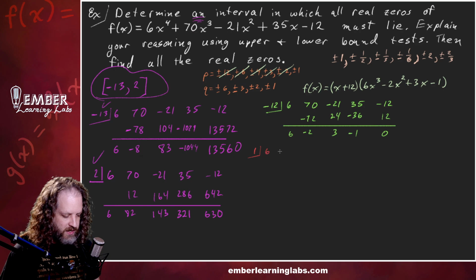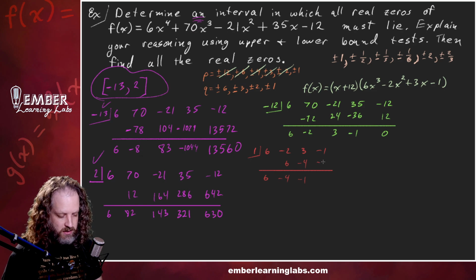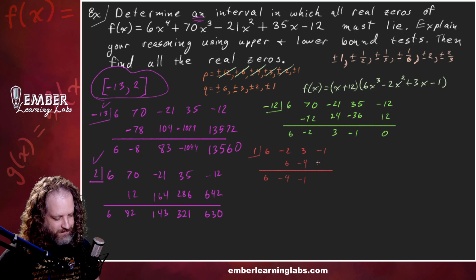We'll do it with 6, negative 2, 3, negative 1. Bring down the 6. 1 times 6 is 6. Negative 2 plus 6 is negative 4. 1 times negative 4 is negative 4. 3 minus 4 is negative 1. Oh, it didn't work. Shucks.